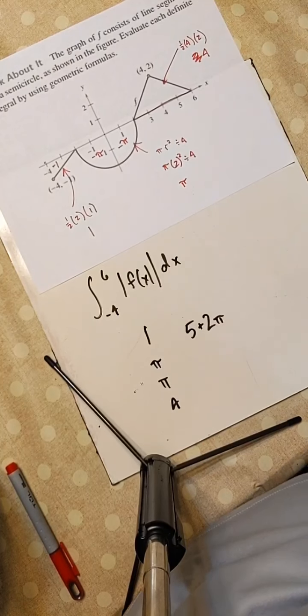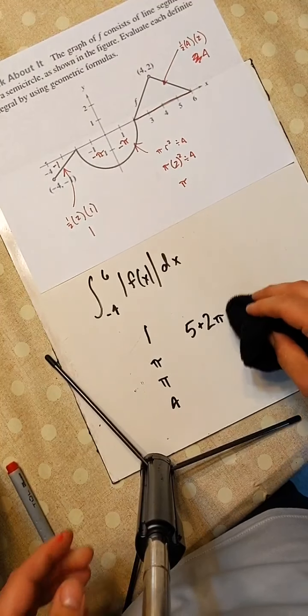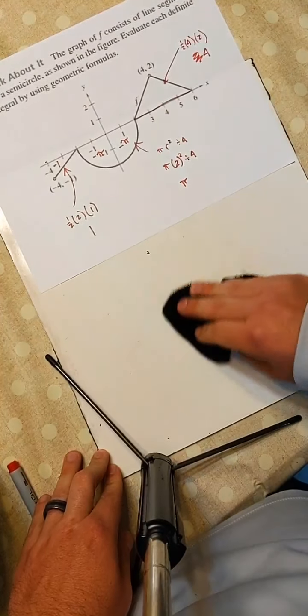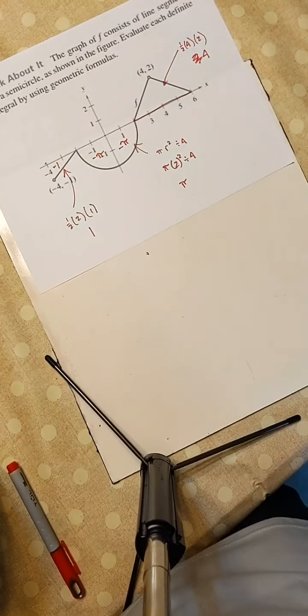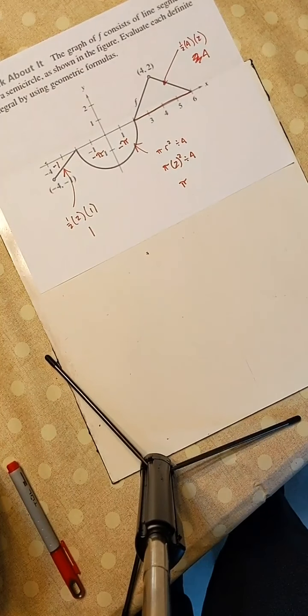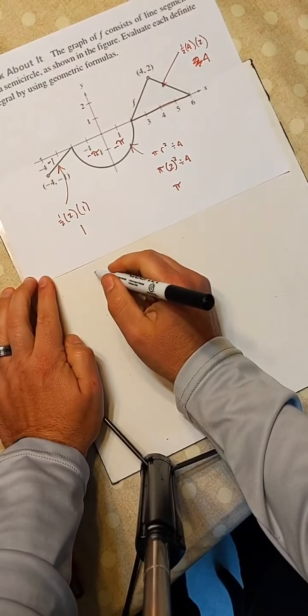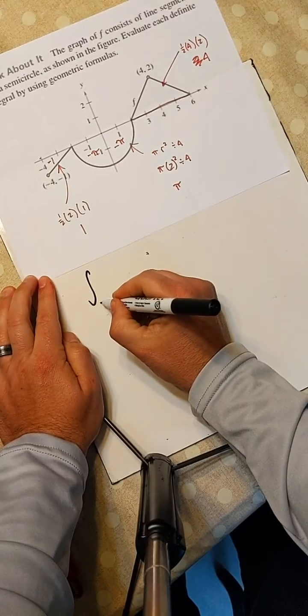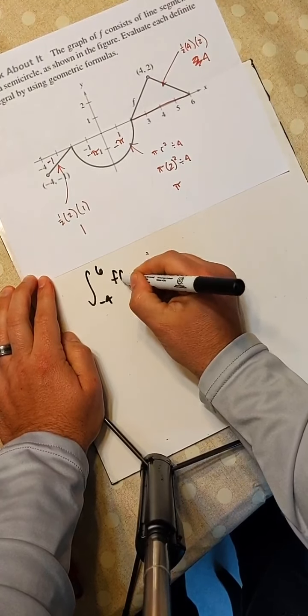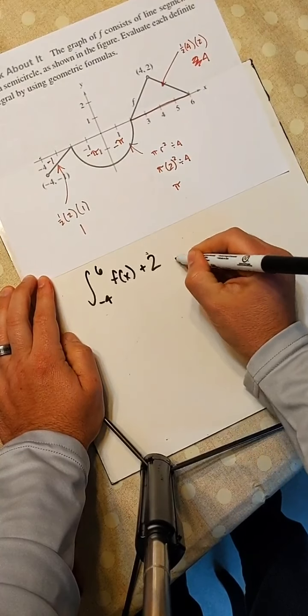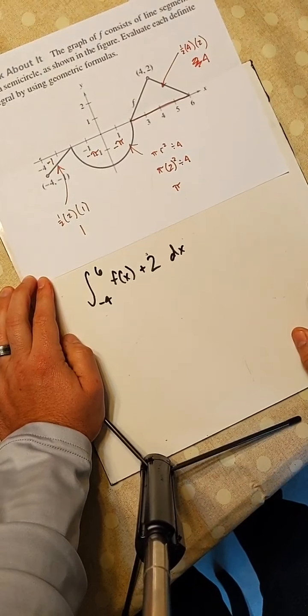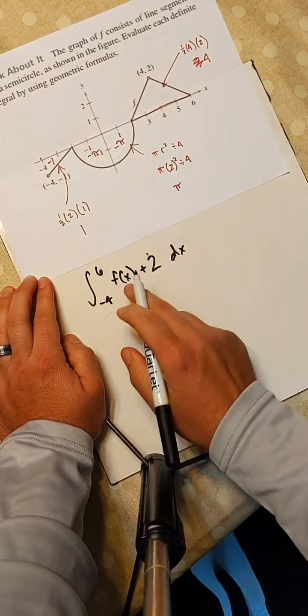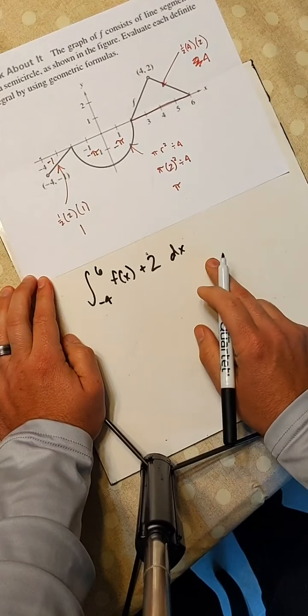All right, we got one more answer. What is the integral from -4 to 6 of f of x plus 2 dx? Okay. Well, remember, we can always break up these problems into two things.